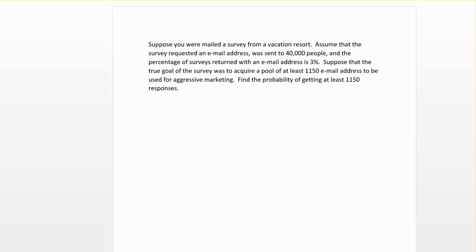This is a binomial problem because we either have a success, and that is the person sends in an email address, or a failure, and that is they don't. So in this problem, in the binomial distribution, we have n, the number of trials, of 40,000. We are looking for at least 1,150 responses.